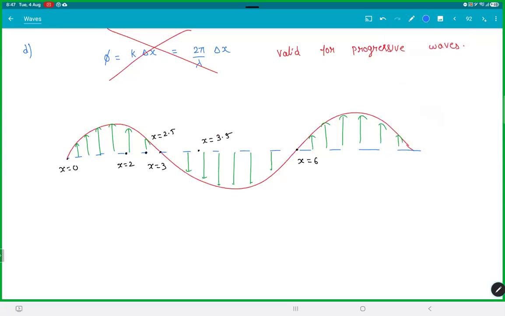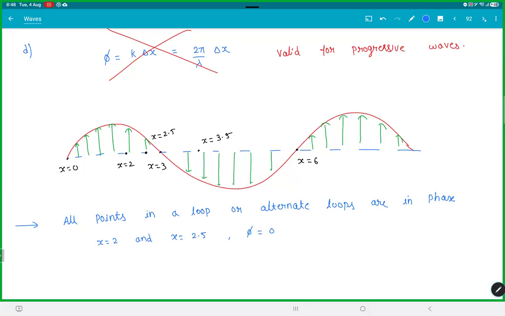So all points in a loop, or alternate loops, alternate meaning 1, 3 and so on, the phase difference will be 0. So that means for the points x is equal to 2 and x is equal to 2.5, the phase angle is 0.